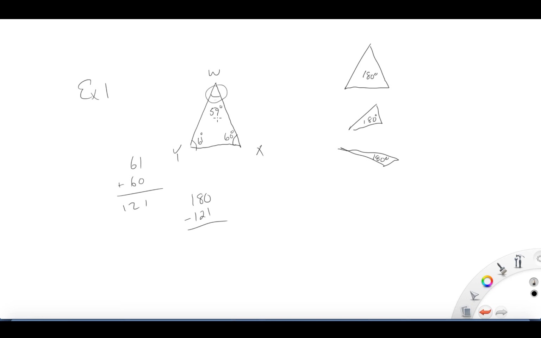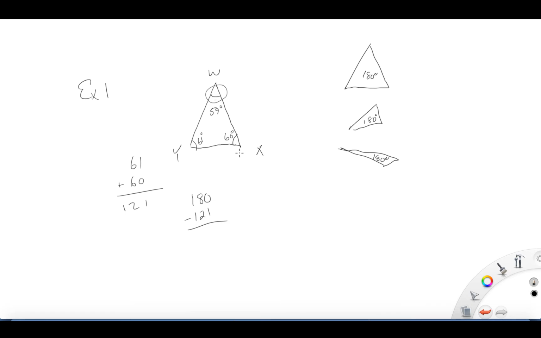All right, so we're going to classify them from shortest to longest. So let's begin. The first answer, the shortest distance, is going to be XY.